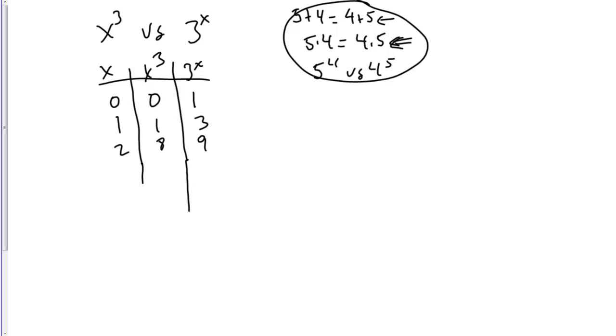But if you start plugging in values, say like 100, you're going to find a vast difference between x cubed and 3 to the x. Both of them blow up, but x cubed blows up much, much slower than 3 to the x. If you graphed them, you probably could only see the graph of 3 to the x on any reasonable graph as x gets very, very big.